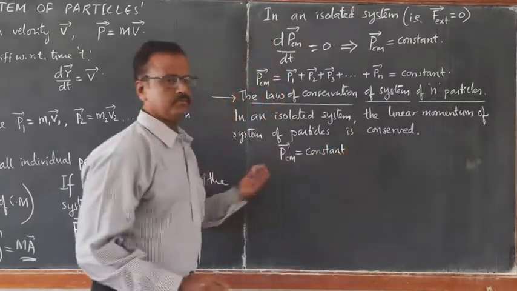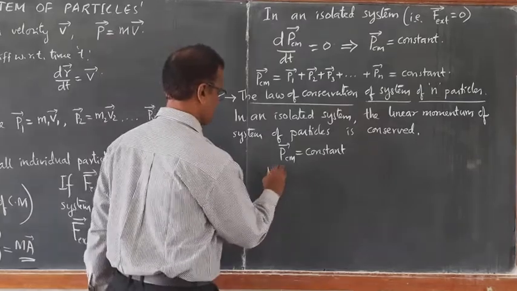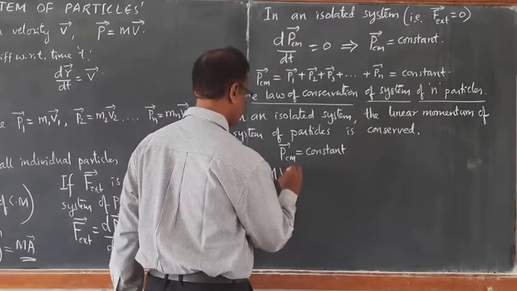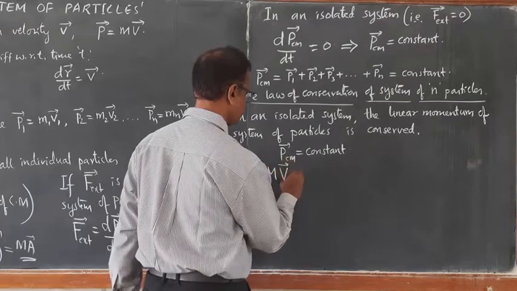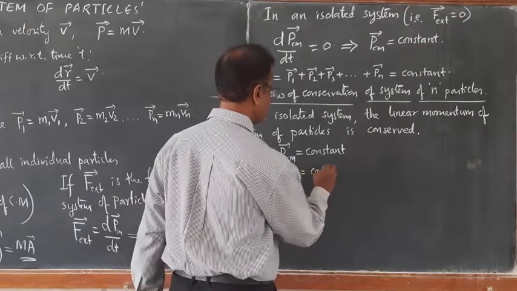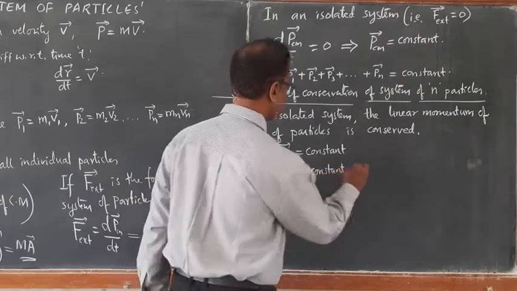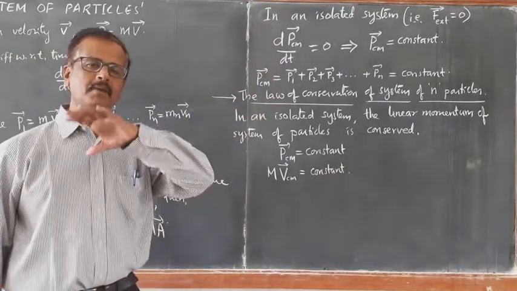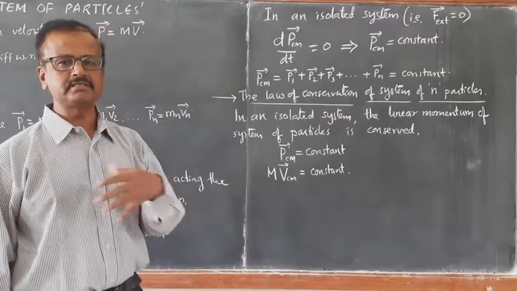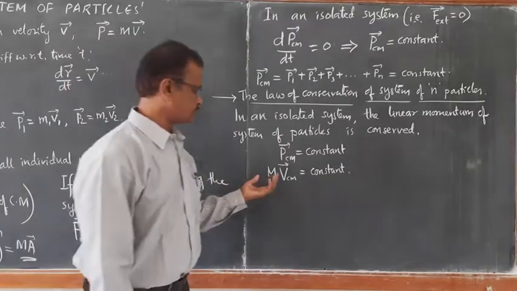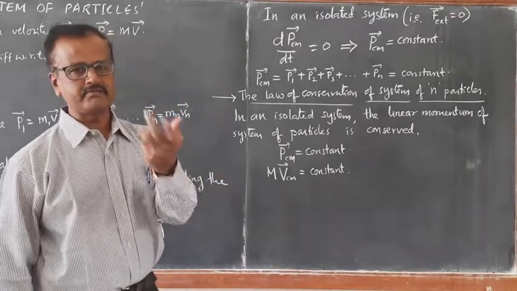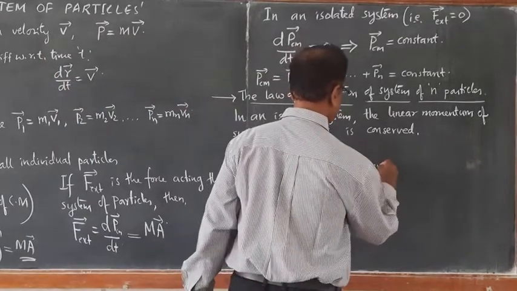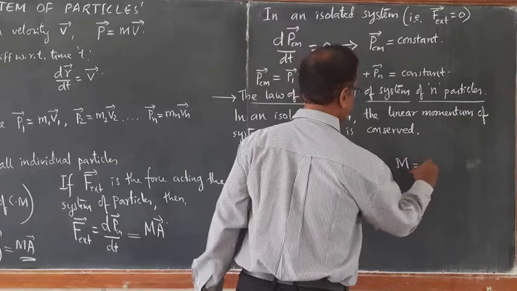What is Pcm? Mass of the entire body, or mass of the center of mass, into velocity of center of mass, remains constant. Since we assume the mass of the center of mass, or mass of the entire system of n particles, is constant, so m is constant.